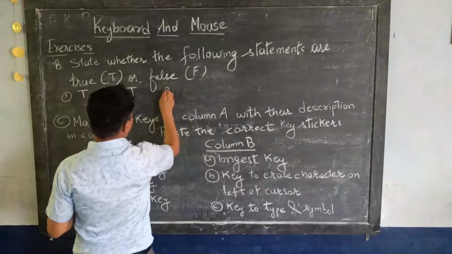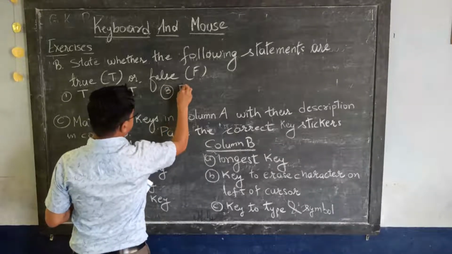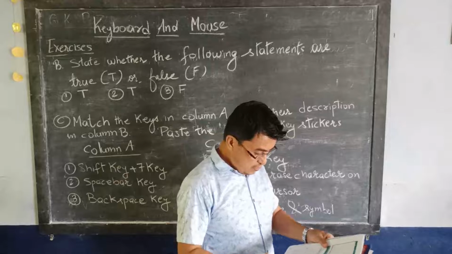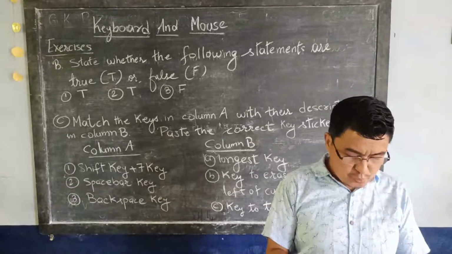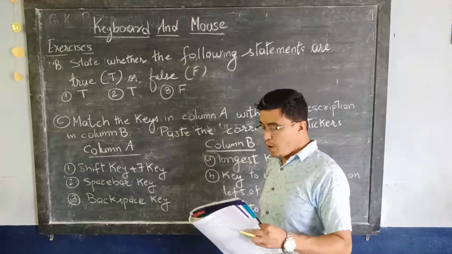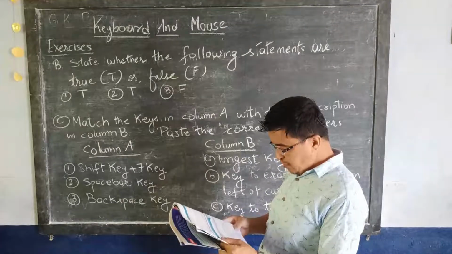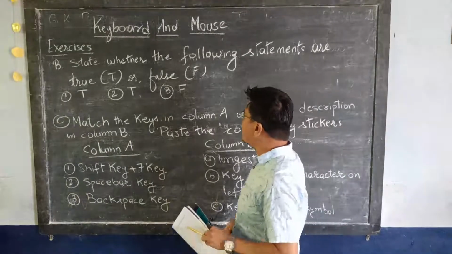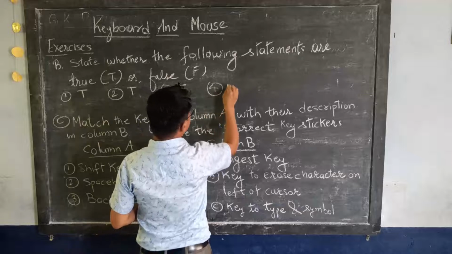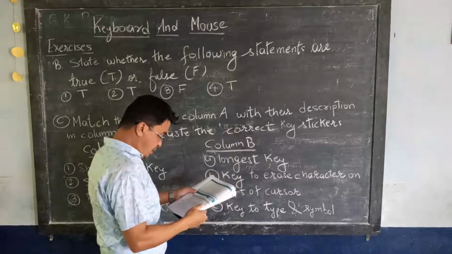Number 3 is false. Now next, number 4. We can use a mouse to scroll up or down a page. You can use the scroll wheel on the mouse to move up and down on the page. That is true.